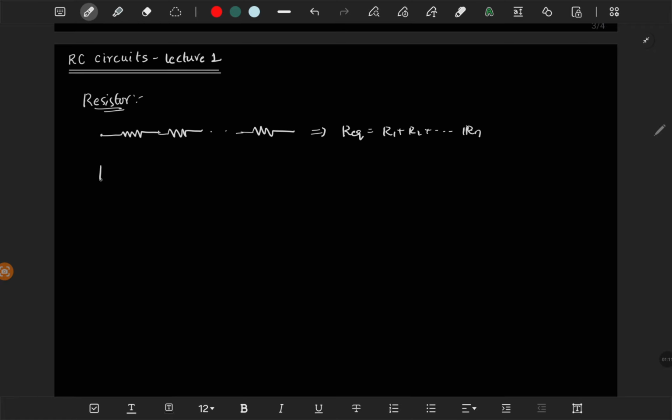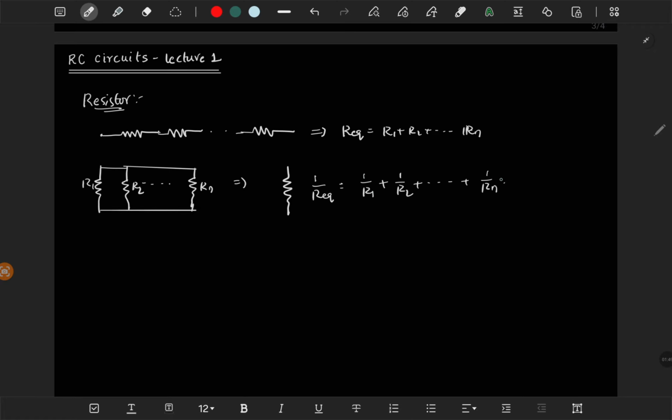And if some n resistors are in parallel, then we can write this as a single resistor with resistance value as 1 by R equivalent is equal to 1 by R1 plus 1 by R2 plus and so on plus 1 by Rn. This I think all of you know.